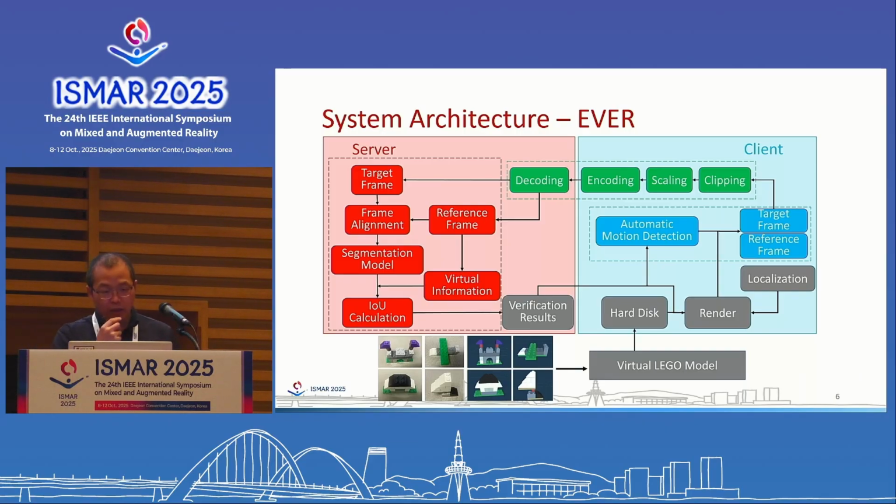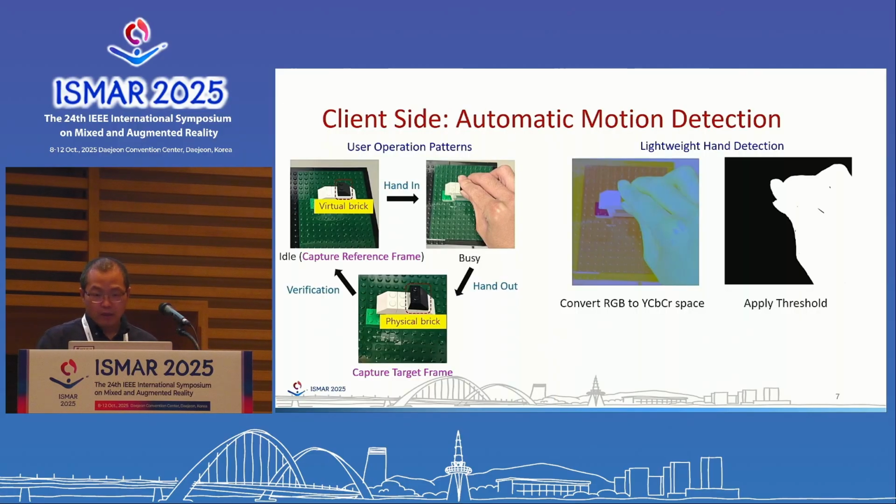So to sum up, we developed a system called EVER, which consists of a client side implemented on the smartphone and another part, a module implemented on the server. In addition, we implement 4 different Lego models, basically 4 different Lego shapes. On the client side, on the smartphone, we developed automatic motion detection.